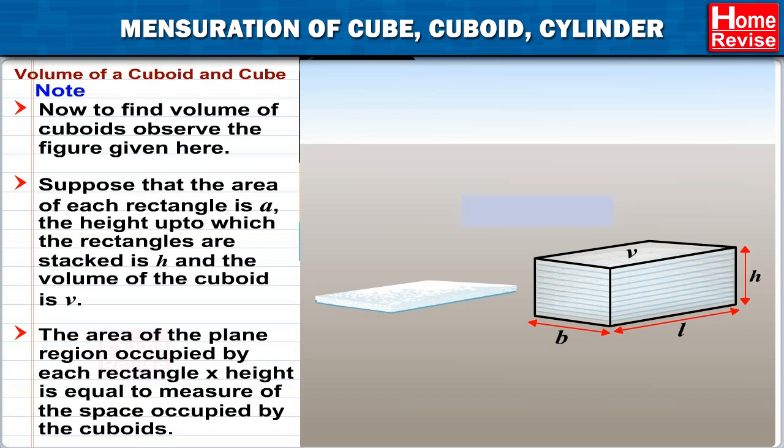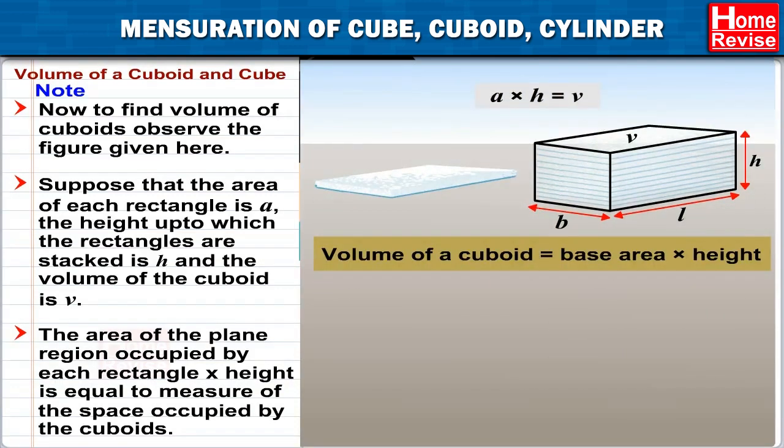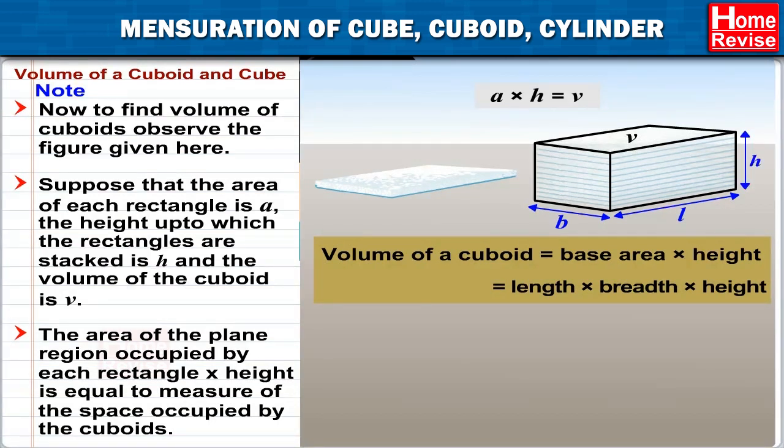So we get A × H is equal to V. That is, volume of a cuboid is equal to base area × height, which is equal to length × breadth × height. Volume of a cuboid is equal to L × B × H, where L, B and H are length, breadth and height of the cuboid respectively.